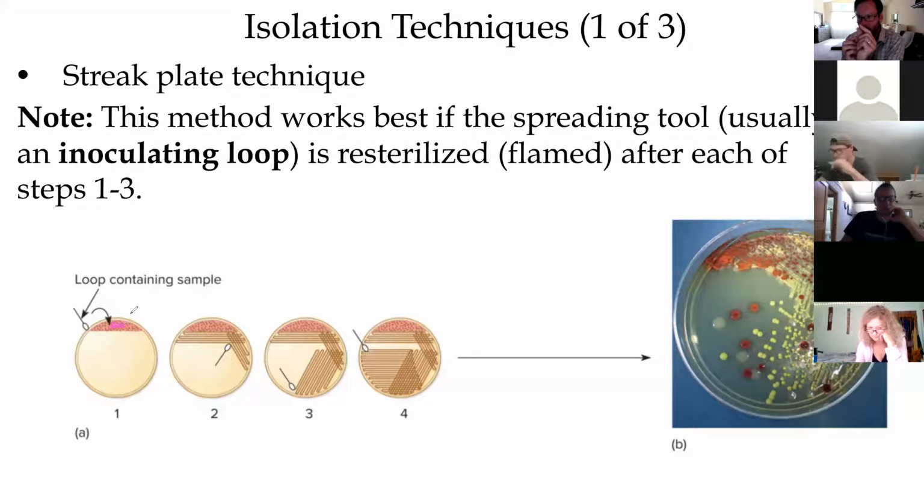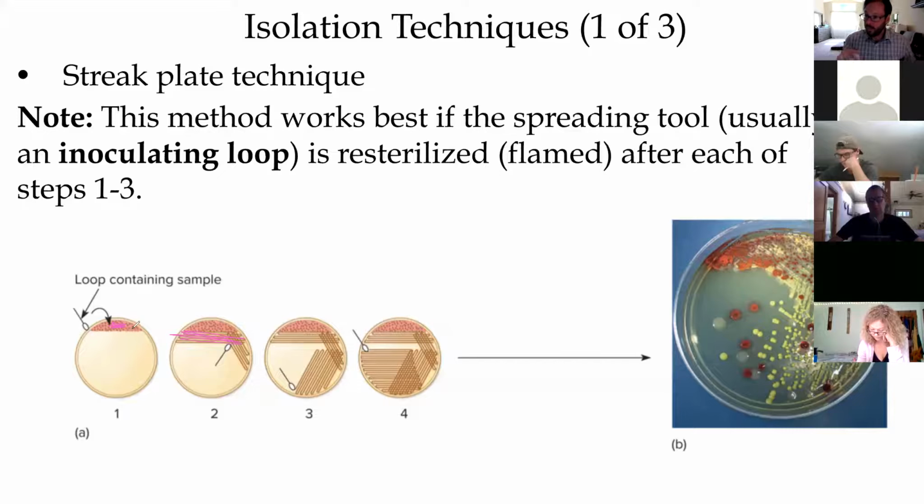It has a little loop at the end, and you'll flame it under the Bunsen burner because you want to kill off any microbes that are already existing on that loop, because, right, microbes are ubiquitous. They're everywhere. And then you'll use that loop to just barely touch some of the inoculum that you put on that plate. And then you'll streak it side to side like this.